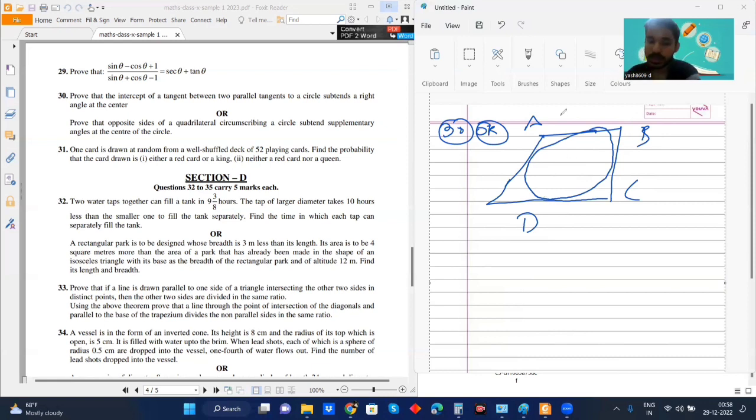Now, the circle touches the quadrilateral at PQRS. And let us join the vertices of the quadrilateral to the center, and the diagonals also.